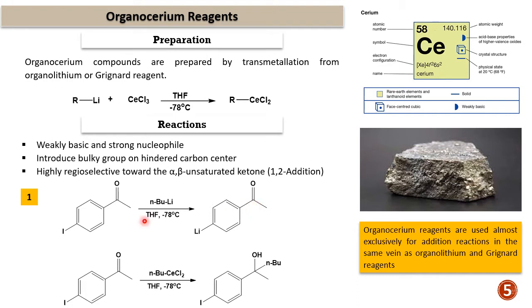And if we want to insert n-butyl on the carbonyl group, we have to use the organocerium compound, and we will get this compound. You can see that we introduce the bulky group on the hindered carbon through 1,2 addition, and we utilize the organocerium reagent in this case.